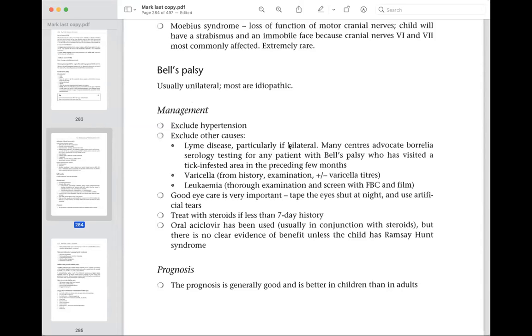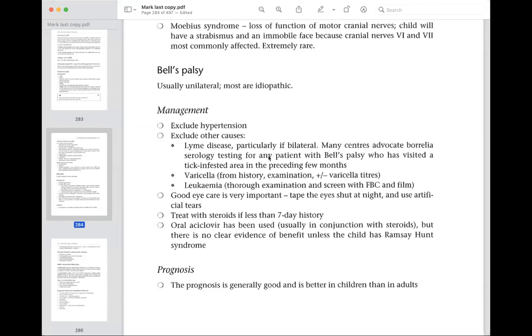Many centers advocate Borrelia serology testing for any patient with Bell's palsy who has visited a tick-infested area in the preceding few months. So you can put Borrelia serology. This is for Lyme's disease.